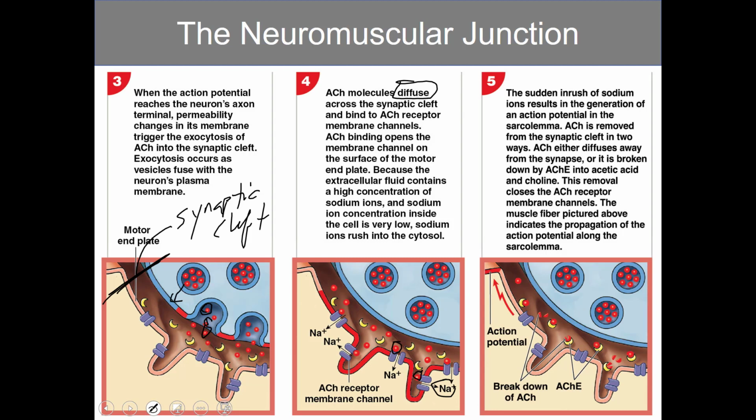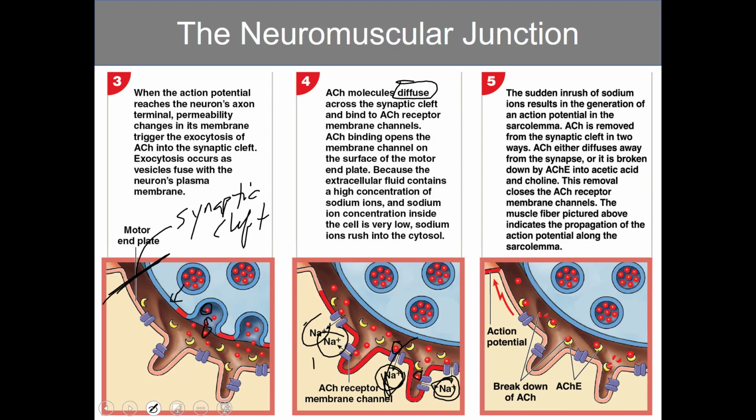When they're open, sodium floods into the cell, and we can see that happening all along this motor end plate. Sodium is flooding into these cells, and that's going to lead to a depolarization of the skeletal muscle fiber. So this cell is depolarizing as sodium floods in.